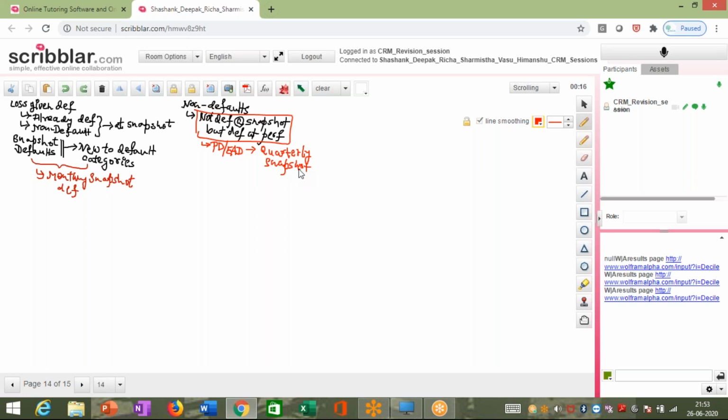For that, we will be talking about two approaches to quantifying Basel LGD.